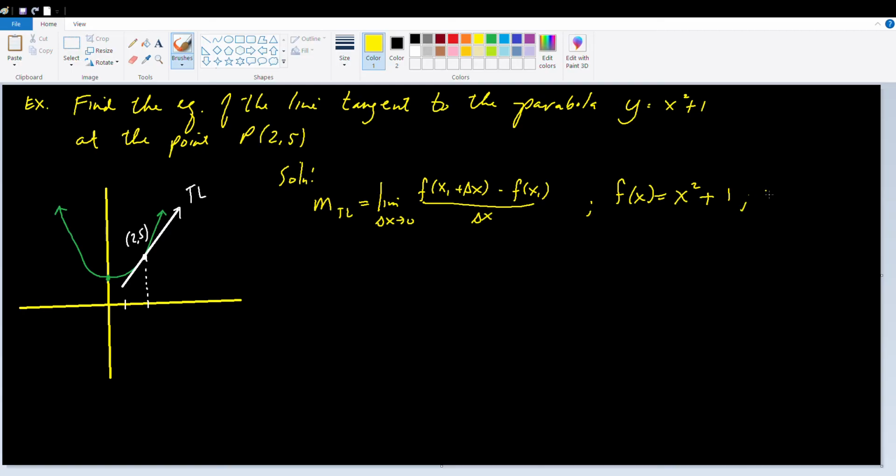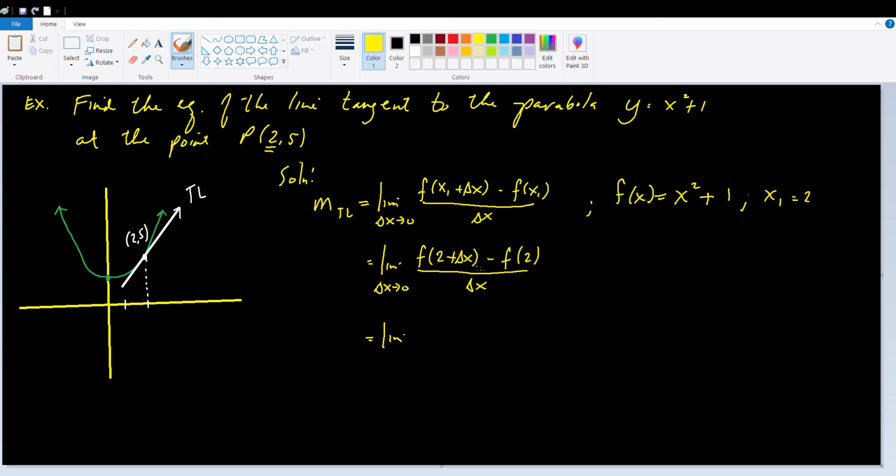Our x sub 1 is the x coordinate of the point, so that is equal to 2. So we just replace all x1 by 2. So the limit of f of x1, which is 2, plus delta x minus f of x1, f of 2, all over delta x as delta x approaches 0.